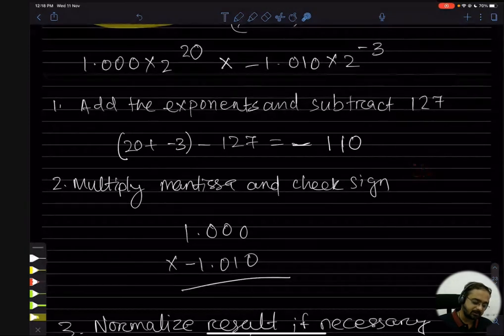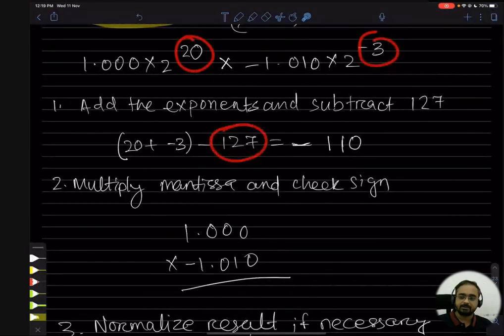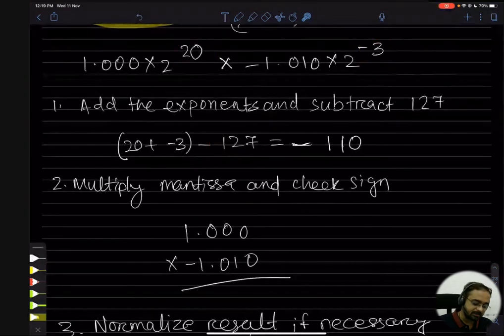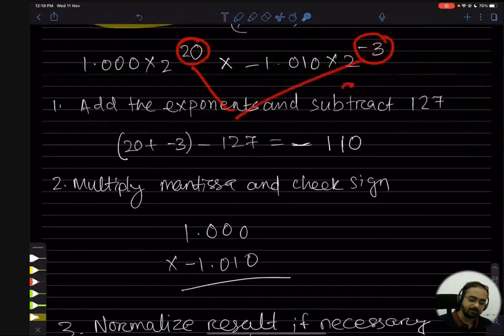Either you convert it into e format, add it, and then you add 127, or you can do the addition of these two and remove 127 from it, because 127 is added here as excess, here also it is excess. So if you add both, 2 times 127 will be added.